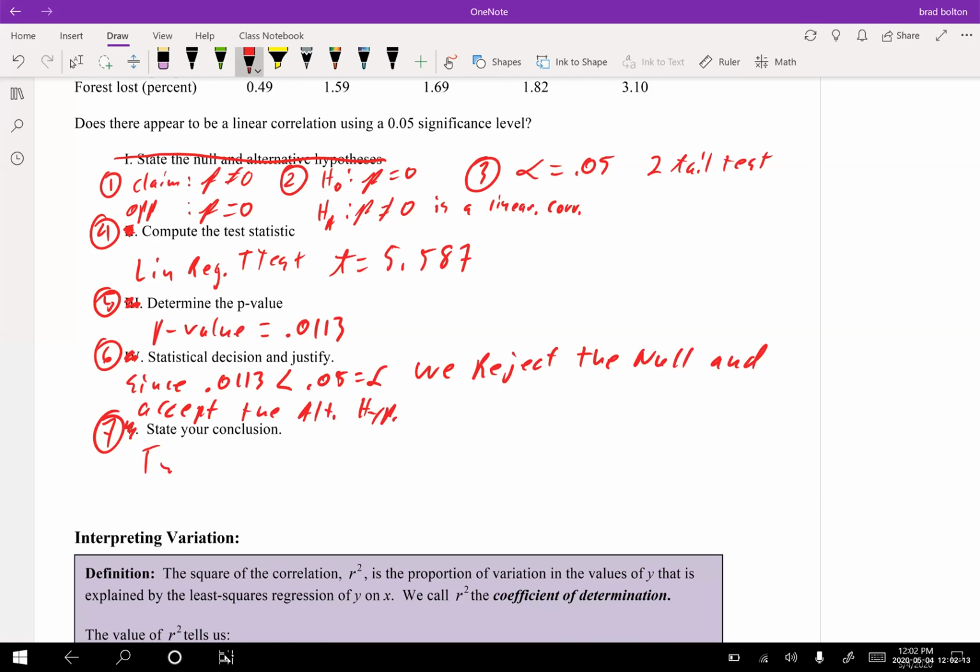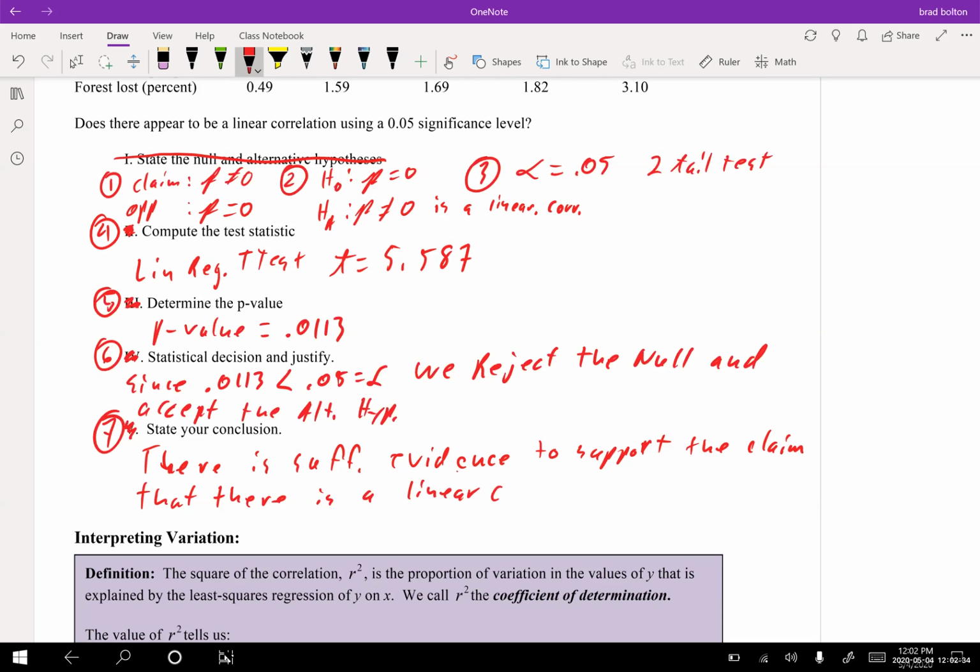So we say there is sufficient evidence to support the claim that there is a linear correlation between prices of coffee and, what was it saying?